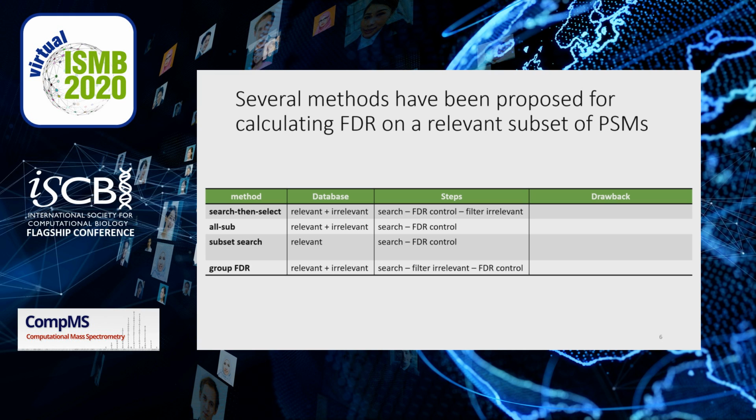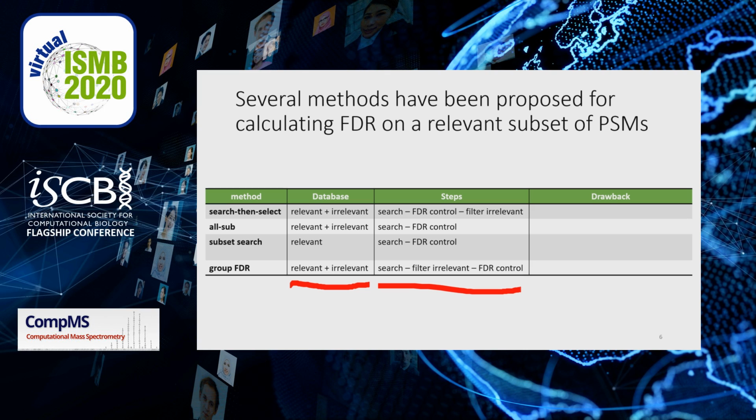There have been several methods proposed in the literature for calculating the false discovery rate on a relevant set of PSMs. Due to time, I won't be able to discuss the details of all four methods that we looked at, but I can give you some idea of what they are. For example, the second column shows the database that is searched, whether it is relevant and irrelevant or just irrelevant peptides. And this third column shows you the various steps involved.